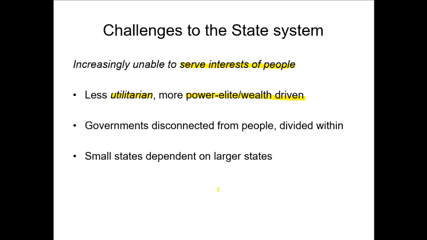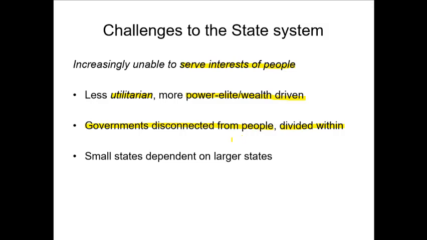And government is divided into parties that are constantly battling for control of government. So governments are becoming more disconnected from people, and they are divided from within because of these parties that are always jockeying for control so that they can pass policy that they believe in, or shape the world into what they think the world should be according to their ideology.